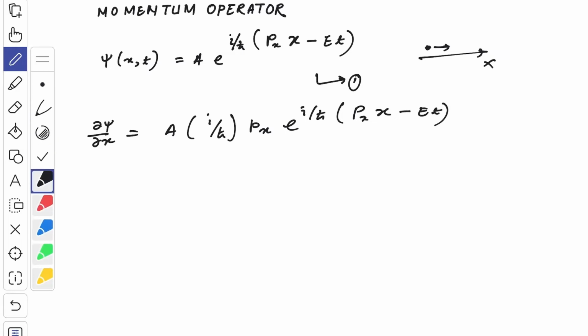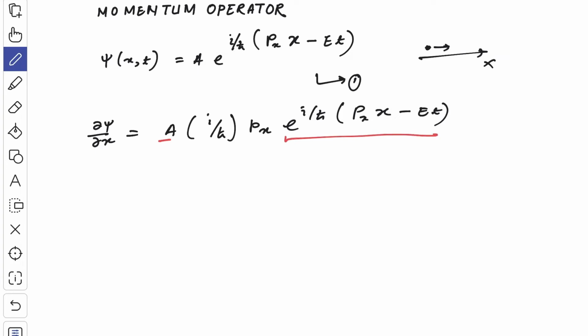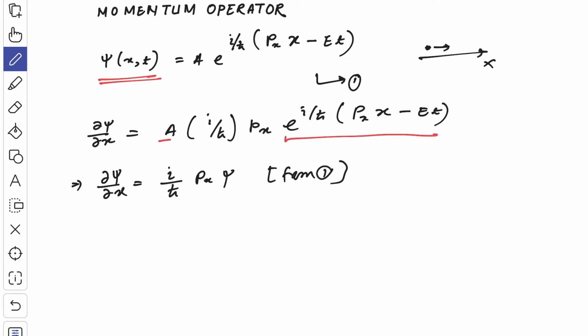Now here you see, if you compare this term, A into this is again equal to psi. So that's why from 1 we can write this equation as del psi by del x equals i by h cut px psi. Okay, we can write this way.